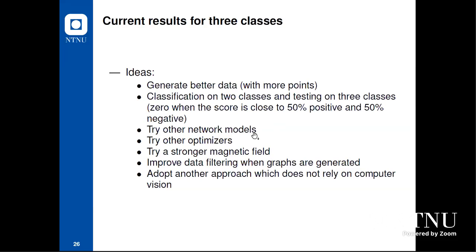Try other network models. This is something that I started to do with GoogleNet, for example, and I've also tried DenseNet, but I always obtain more or less the same results. Try other optimizers. I've tried Adam, Adagrad, and AdaDelta, or also Adagrad with other parameters.